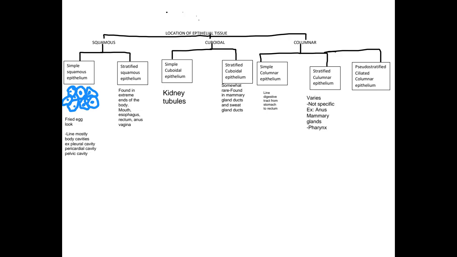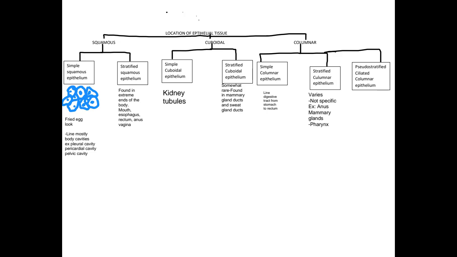Okay. And then we have a type of tissue that doesn't follow the same rules. It's called a pseudostratified ciliated columnar epithelium. It's pseudo because the word pseudo means false. So it's falsely stratified. In some areas, it looks like it's one layer of cells. In some areas, it looks like it's many layers of cells. We call it pseudostratified ciliated because it has cilia, those little hairs at the top.